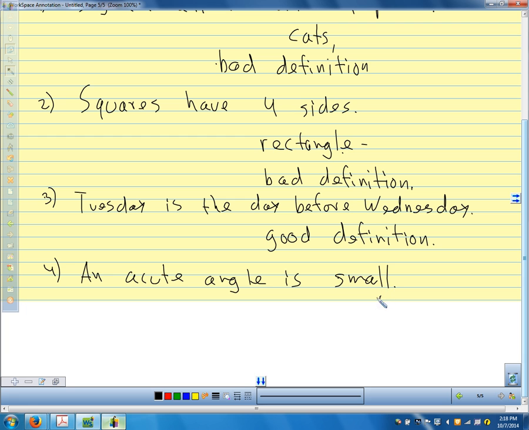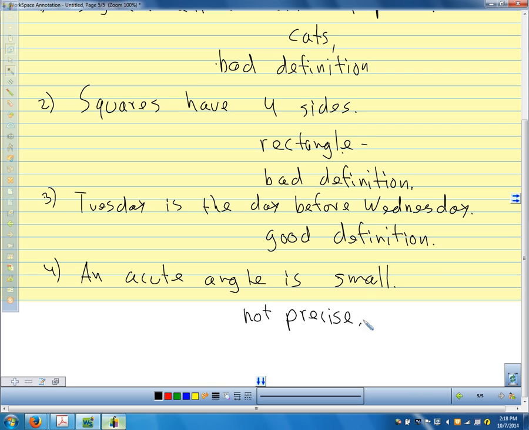It's biased, and it's wrong in terms of what we said we needed for a definition. What we said is it needed to use terms that we know. It needs to be precise. Small is not precise enough. So this is an opinion. We need precision, so this wouldn't be a good definition.